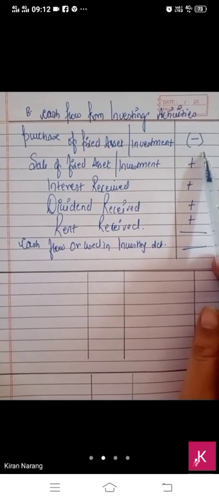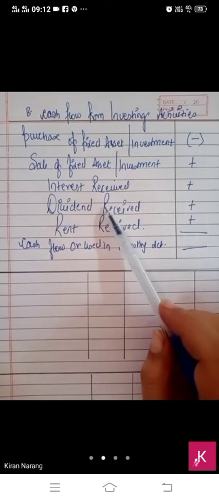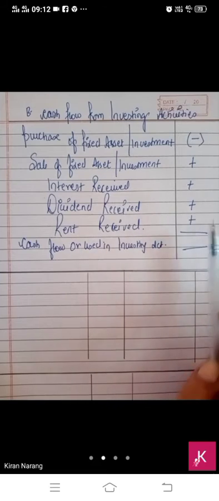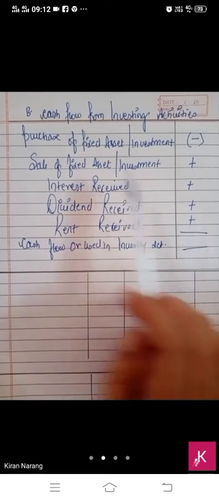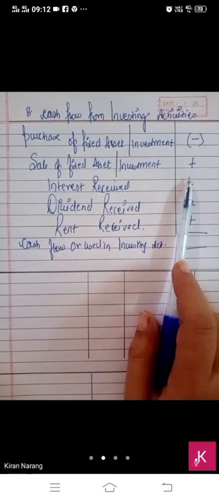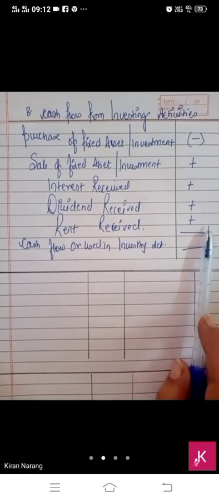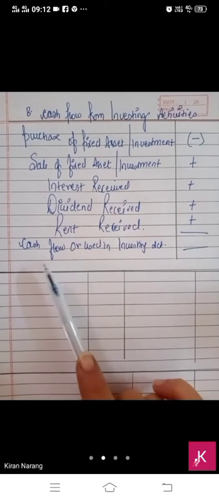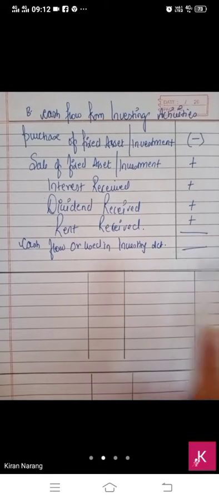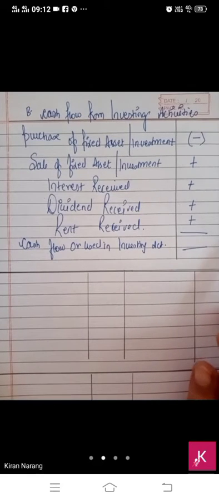Purchase of fixed asset investment minus sale of fixed asset investment plus interest received, dividend received, rent received. Only 5 items, all plus. Positive answer, cash flow from investing activity. Negative answer, cash used in investing activity.